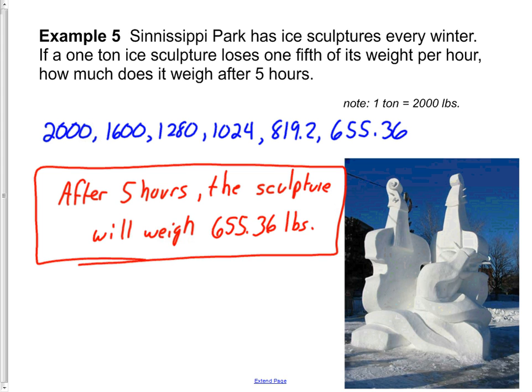Okay, so there is a story problem that would go along with a geometric sequence.